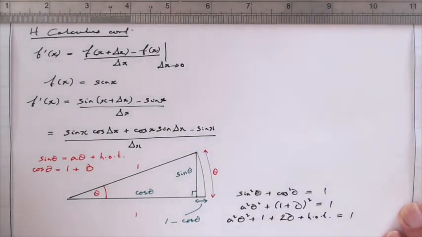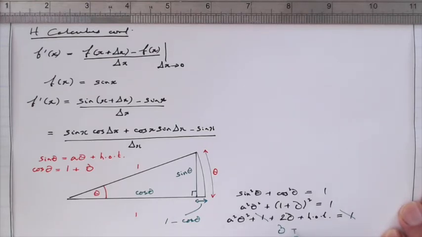And now you see a little bit of magic happens, which is not uncommon in maths. We already have 1 on the left-hand side, and we have 1 on the right-hand side. So this apple actually must cancel out this a squared theta squared term. So we can actually determine apple. It must be true that a squared theta squared plus 2 apple is 0.